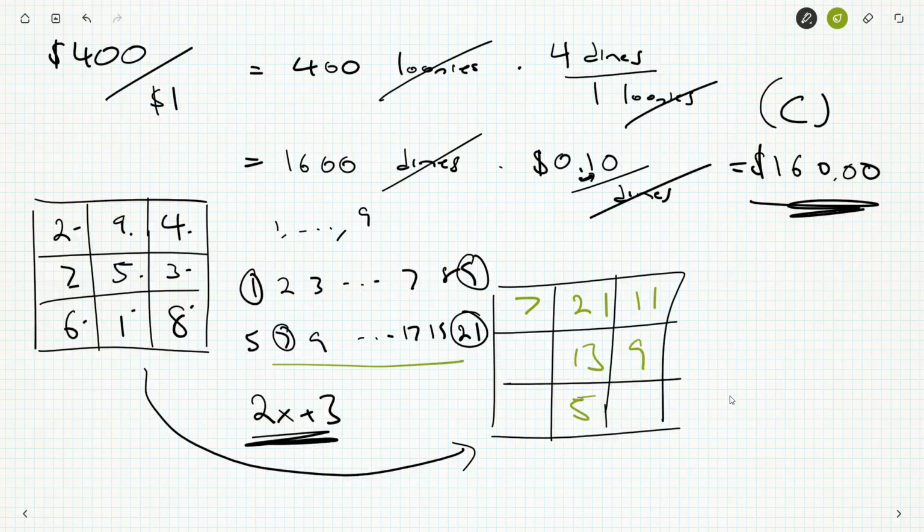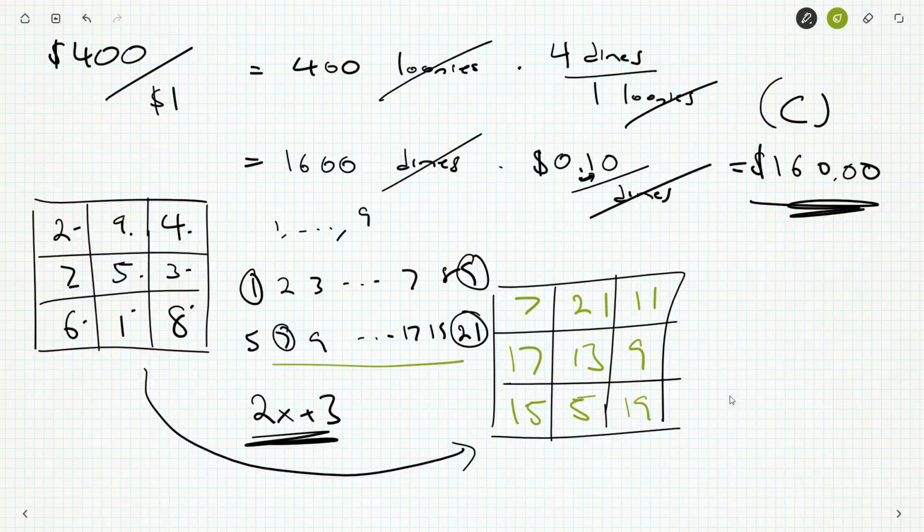I mean, I might get lucky. 7 times 2, so 7 goes to 17. 6 would go to 15. And what's the last one that we need here? Trying hard to think of it. 8. 2 times 8 is 16, so we get 19 here. Okay, so 13's in the middle.